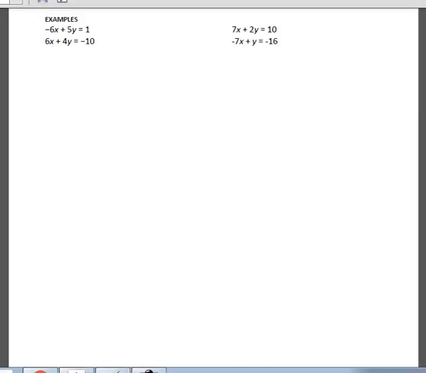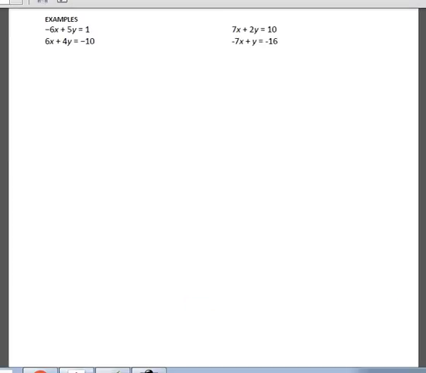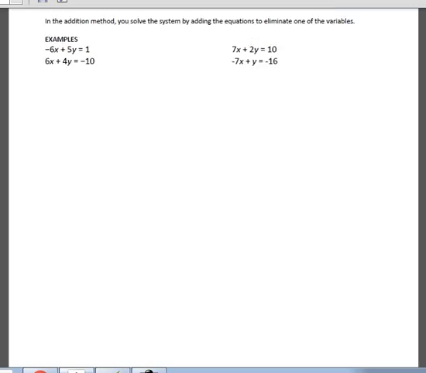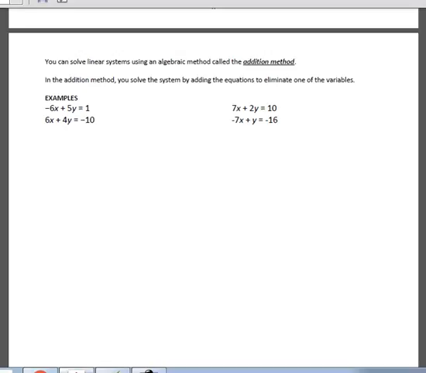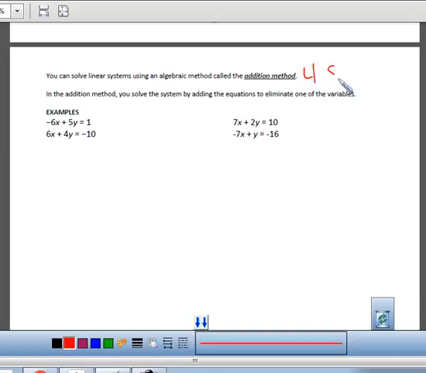So let me show you. I'll walk you through. So remember, this is addition. So how about this? At the top of your paper, write down 4 steps. Alright, so step 1 is we are going to add these together.